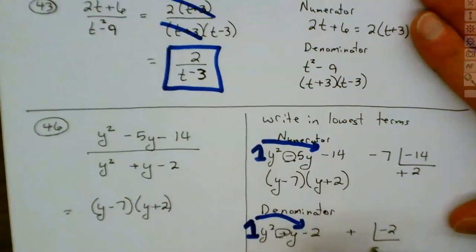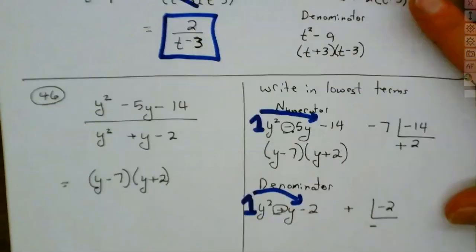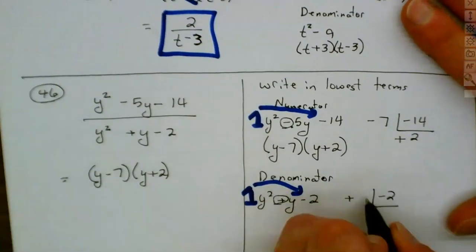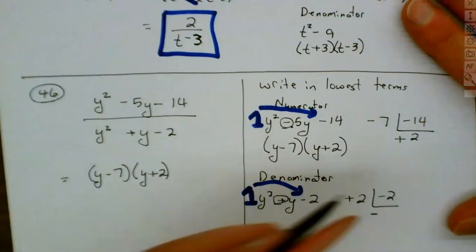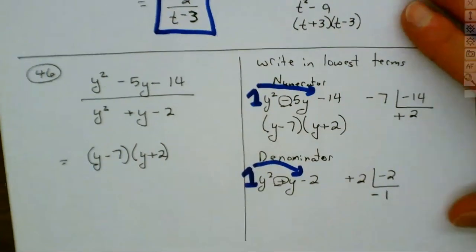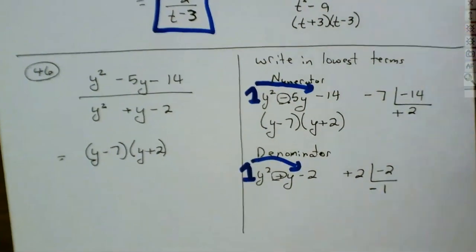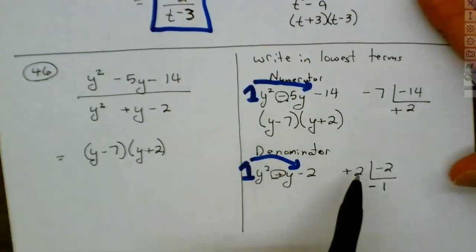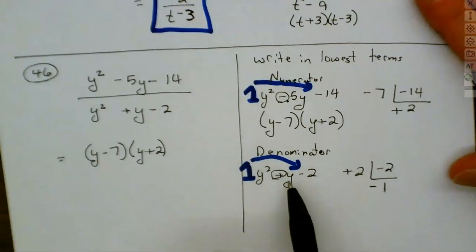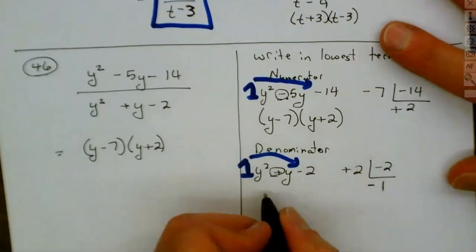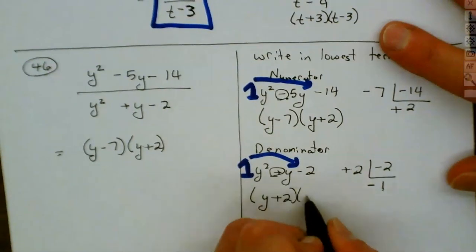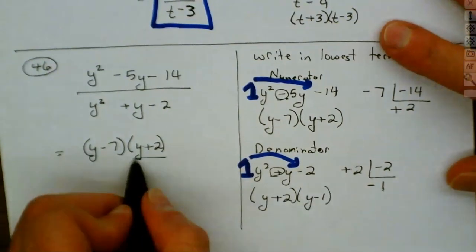And there's only two factors of 2, 2 and 1. So this should factor out, again, very simply, very easily. How about we use a positive 2 and we use a negative 1? Those work because they multiply together to give you the negative 2 in the box, and these subtract from each other to give you the 1 in the middle. So that factors into y plus 2, y minus 1.